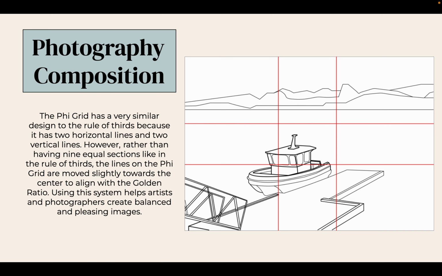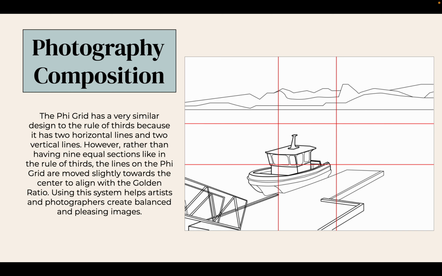Transitioning from portrait paintings into photography, it's good to know photography composition. The phi grid is a very similar design to the rule of thirds. The rule of thirds is basically in every camera that you use. It helps line up portraits or pictures that you want to make.